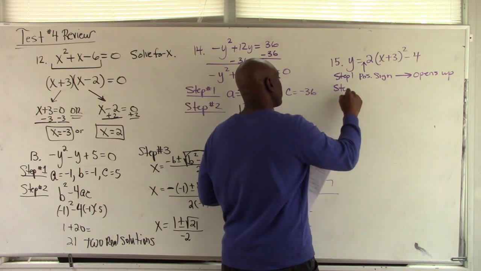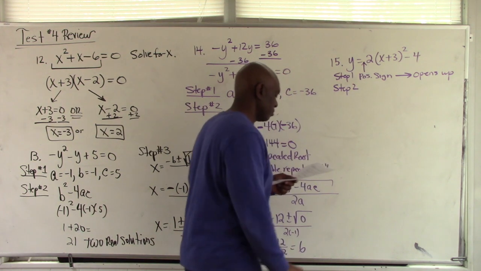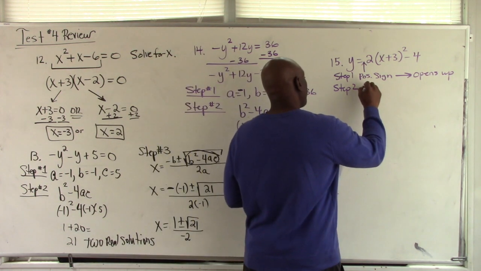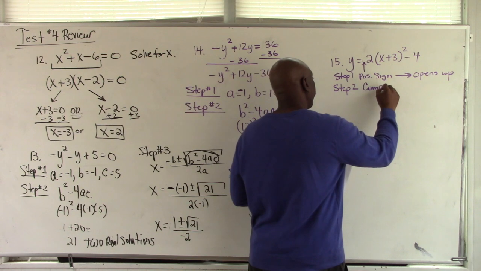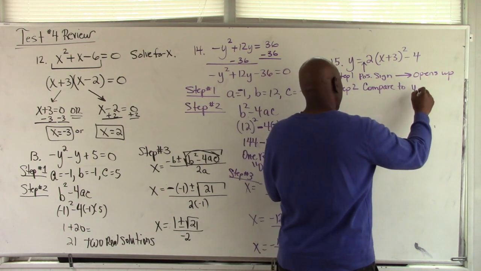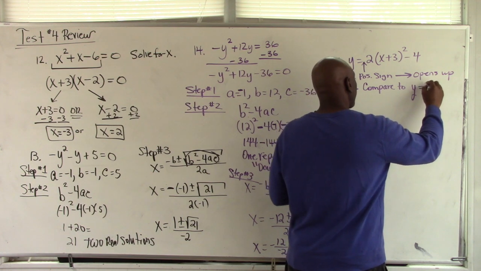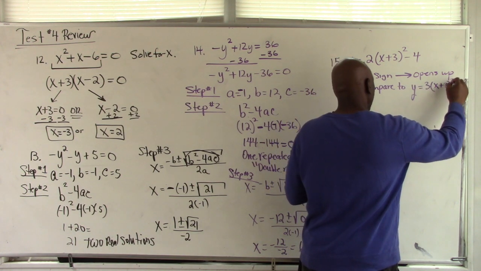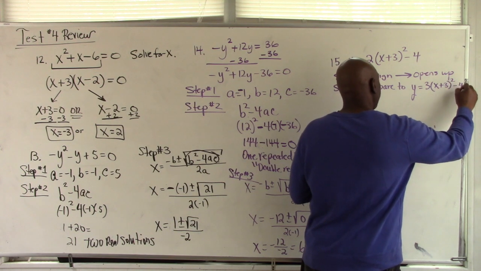Step 2. All right. They want you to compare to y equals 3 times x plus 3 squared minus 4.